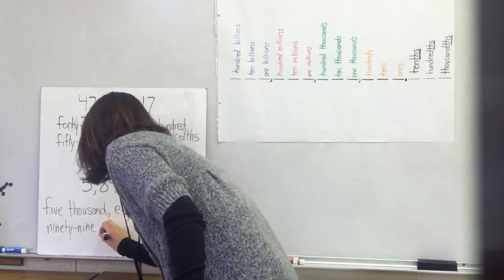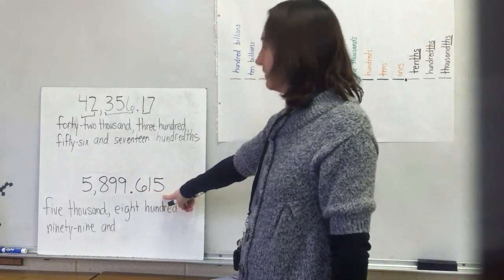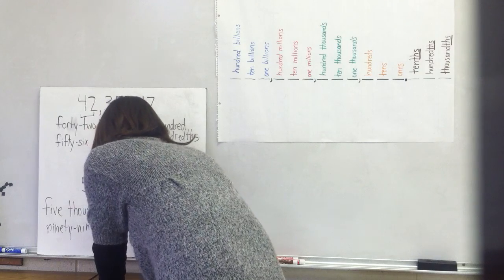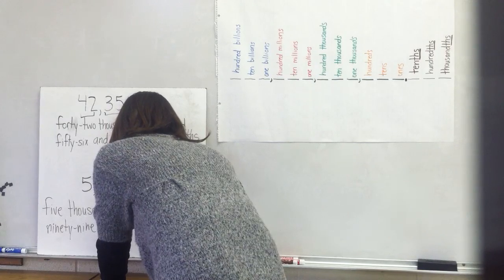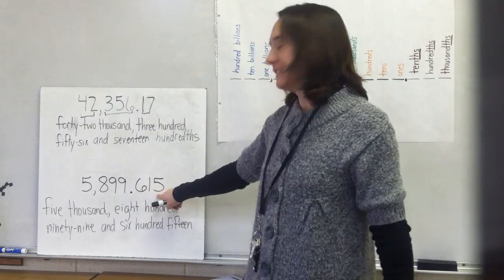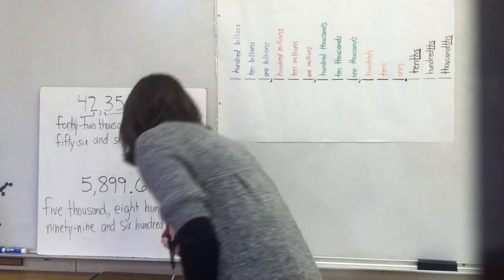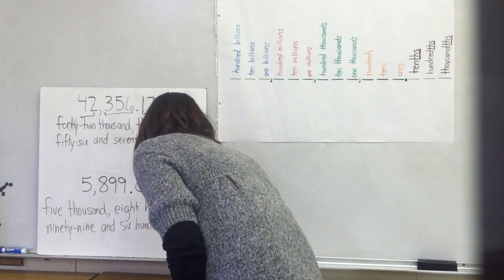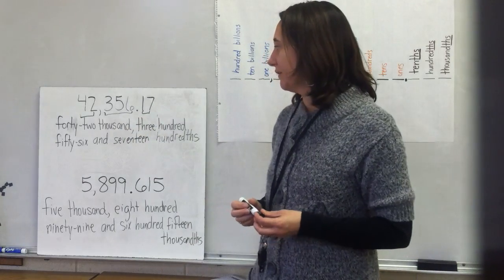And last period, we've got to read the whole thing. 615. And what place value does the 615 end in? The thousandths place. So we're going to put thousandths. And we're done. This is word form or written form.